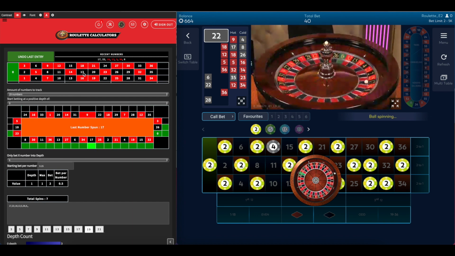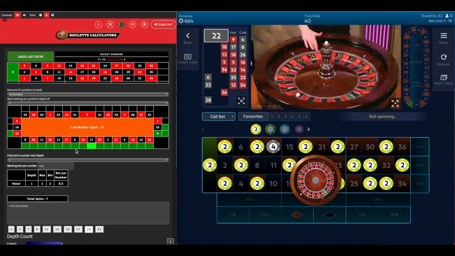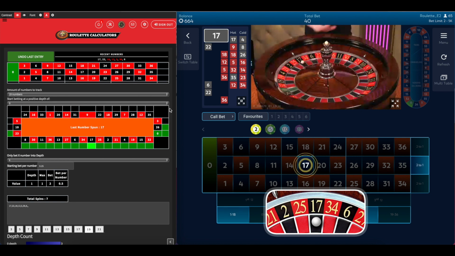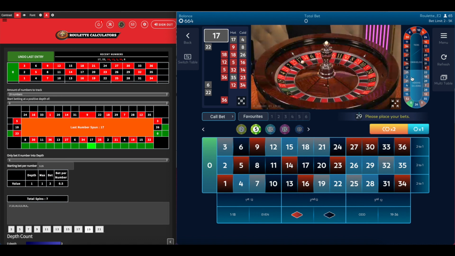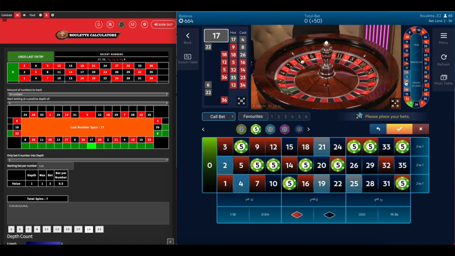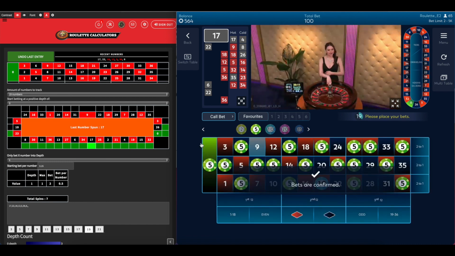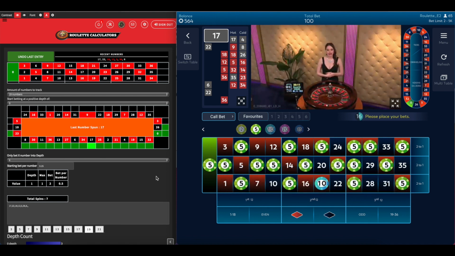So we're going to go on for the second bet, which will be $5 per number. So let's increase that to 5. And we're going to cover from 23 to 26. And our bonus ball is number 19.